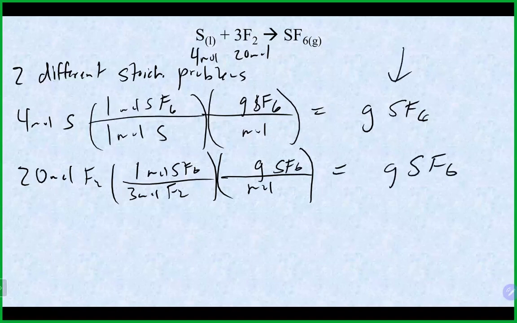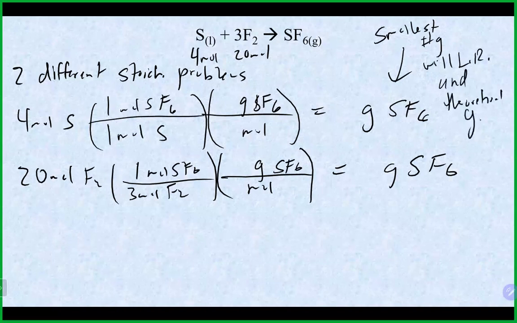You basically just do two separate calculations, and whichever one is the smallest number of grams will be your limiting reagent and your theoretical yield. So that is the other very common method: two separate calculations, one from each reactant going to the product of choice, and whichever gives you the smaller amount of grams is both your limiting reagent and your theoretical yield. That is a very common way of doing these types of problems.